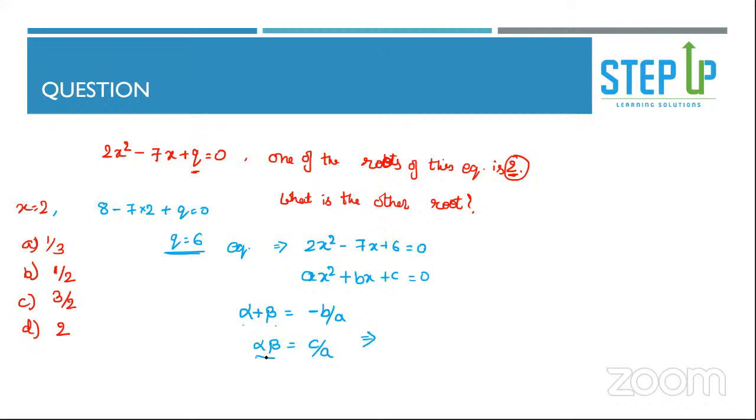If I take alpha into beta, I know alpha is equal to 2. So 2 into beta is equal to c by a, that is 6 by 2. So the other root is what? 2, 1, 2, 3, and this 2 will come in the denominator, 3 by 2. So the answer is yes, 3 by 2. I hope that's clear. Yes or no?